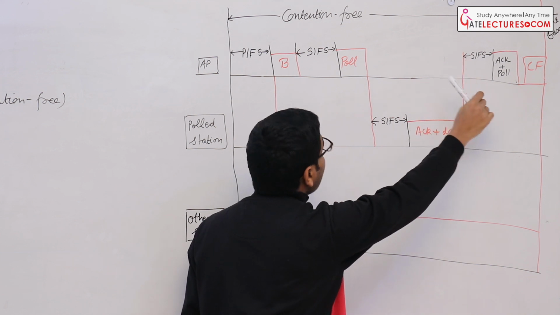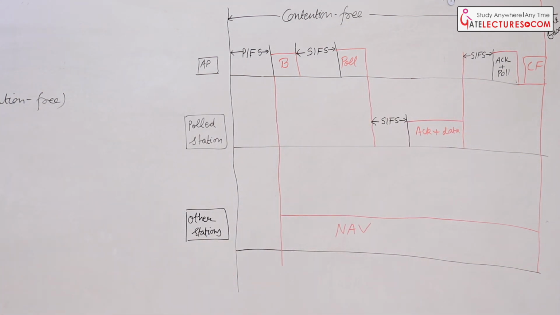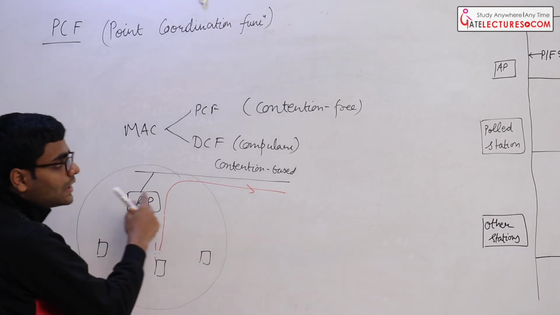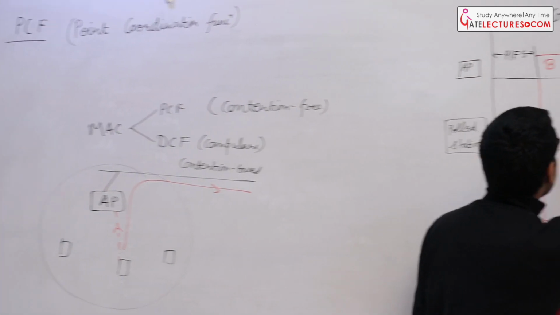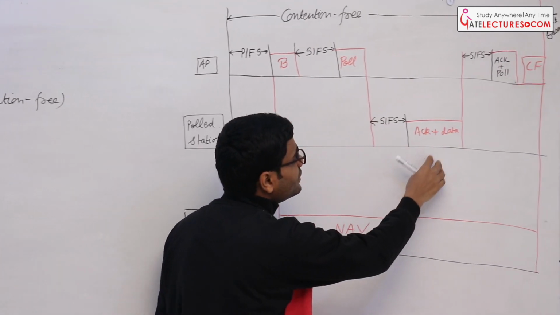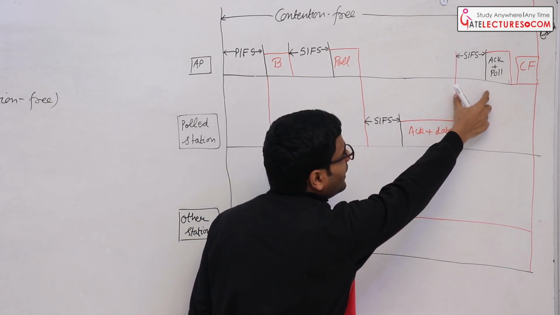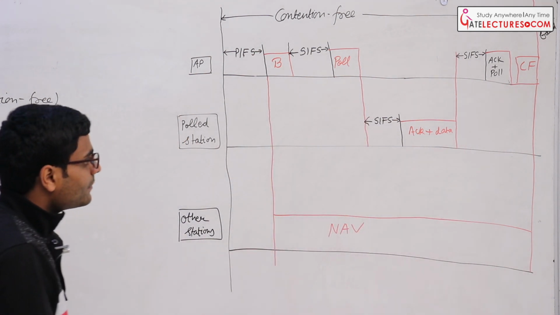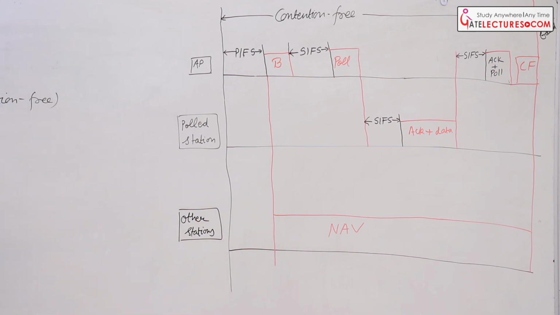After receiving the data, this station will send data to the access point, which will be delivered to the wired LAN and the whole network. After receiving the packet from this polled station, the AP will wait for SIFS amount of time, and it will send an acknowledgement. After this transmission is over, it has to inform the other stations that the contention free services it wanted to provide are over.